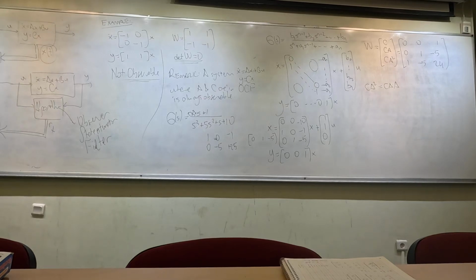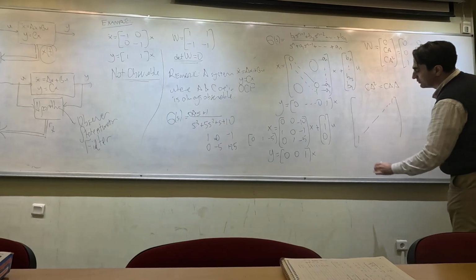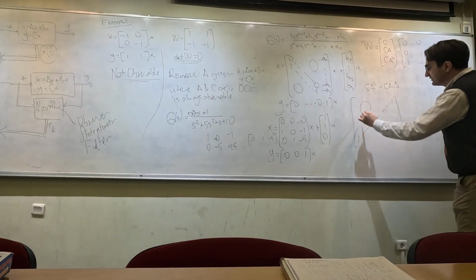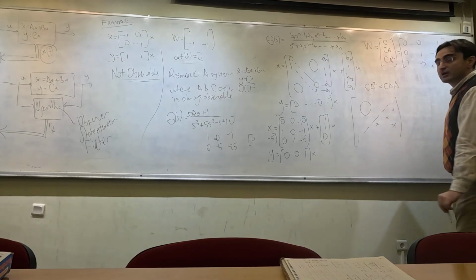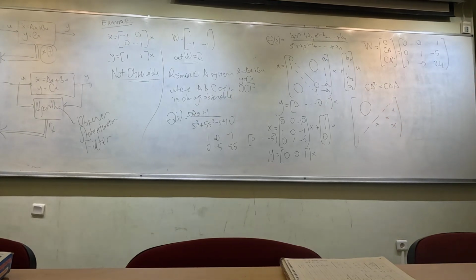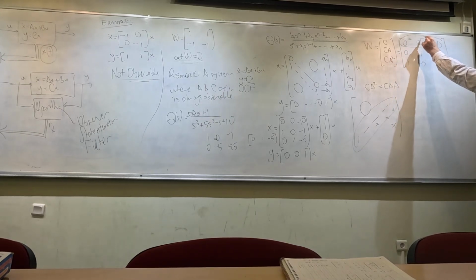If you do the same thing for the general observable canonical form with order n, then you would always obtain a matrix in the following form. You will have all ones on the cross diagonal, zeros everywhere here, and some elements which are not important in this part. If you calculate the determinant of such a matrix, you would always get a non-zero number. If I calculate the determinant here, I have plus, minus, plus.